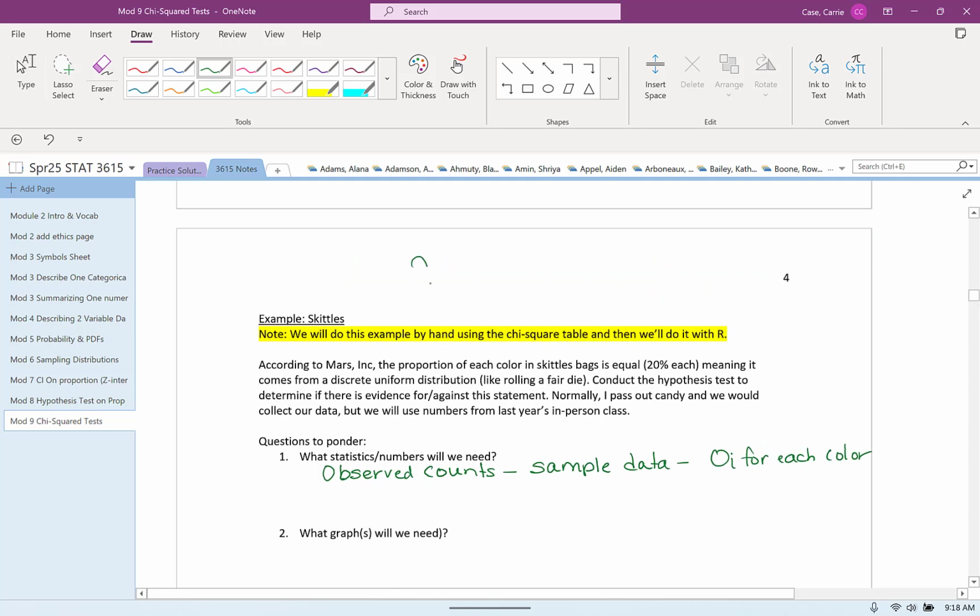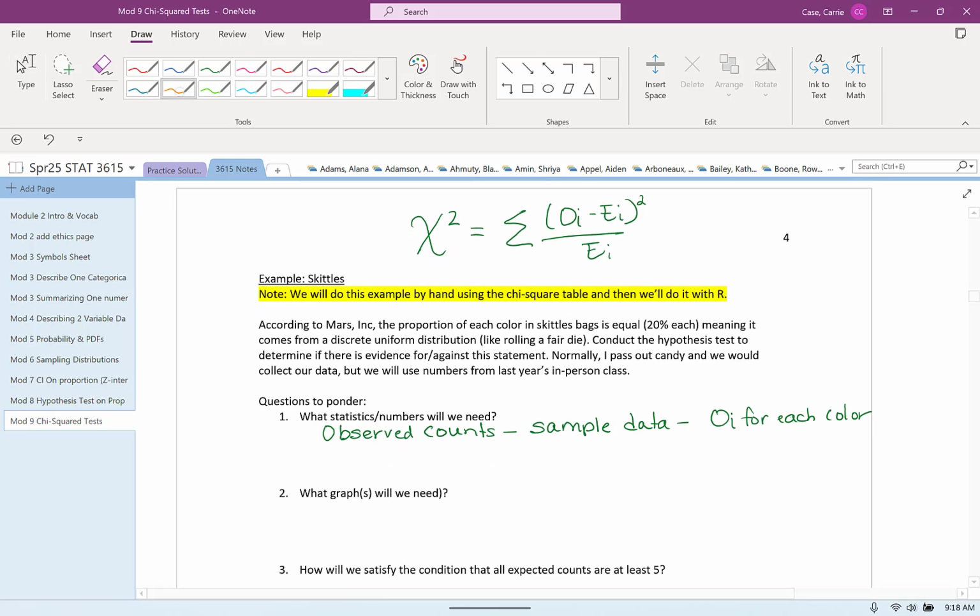And remember, the test statistic is chi-squared equal to the sum of the O_i minus the E_i, squared, over the E_i. And so we also need our expected counts. These are the E_i's for each color, and we have to calculate these. They are n times the probability, the proportion in the null.